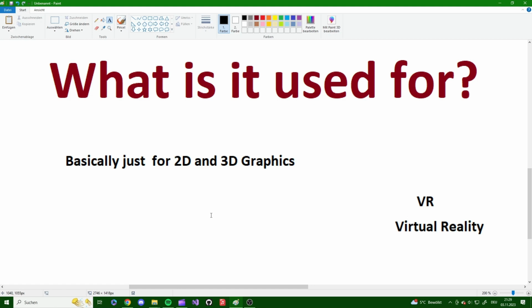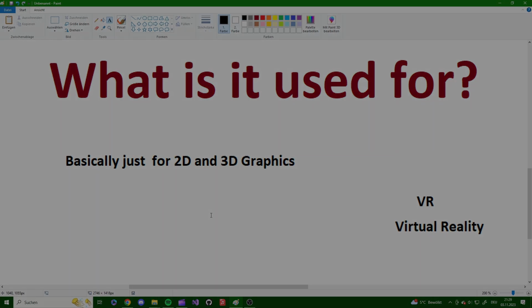So if you want to learn Vulkan, you have to prepare for a lot of frustration. And I also put VR, virtual reality, next to it. It is basically 3D graphics, just a little bit different, but it supports it because there are some systems that have to be different while you write the program, and they support VR. If you want to do VR, Vulkan is an option. And yeah, let's go to the next question.